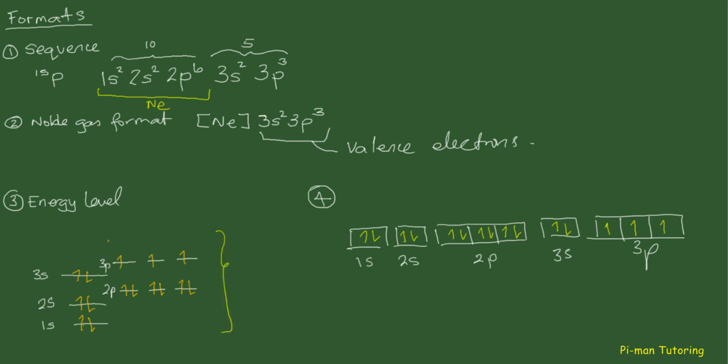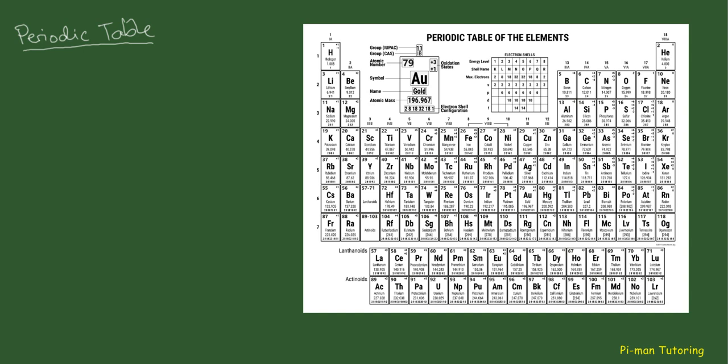Now let's just take one more look at the periodic table before we get into some examples to solidify these ideas. So just one quick last look at the periodic table. We know that over in this section we are filling the s orbital, and so this is called the s block.